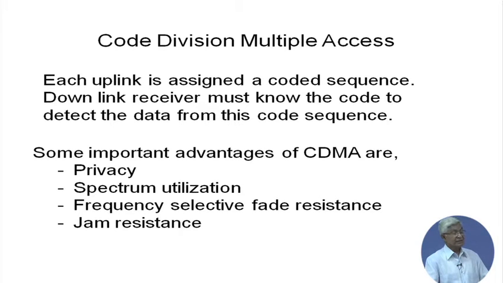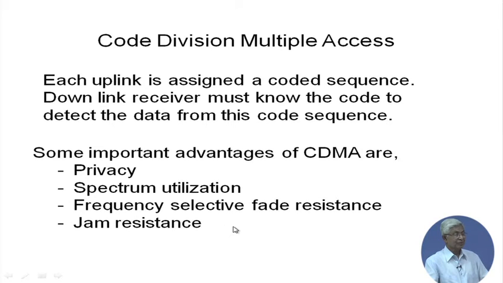If there is a frequency selective fade, which normally does not happen in the geosynchronous satellite situation, but depending on atmospheric conditions or multipath it may happen, as in mobile satellite communication, that is MSS. The most interesting part of CDMA, which the defense people feel they should use, is that it is jam resistant.